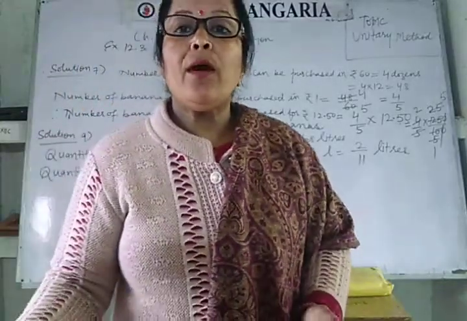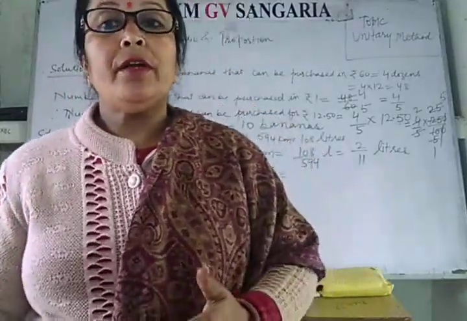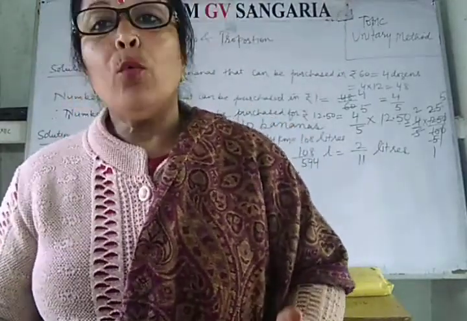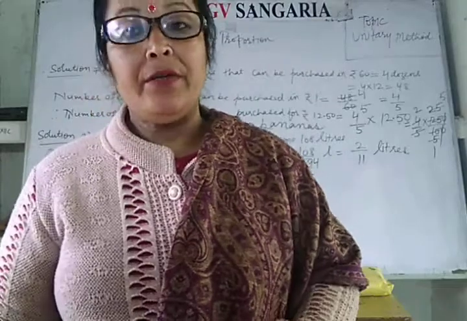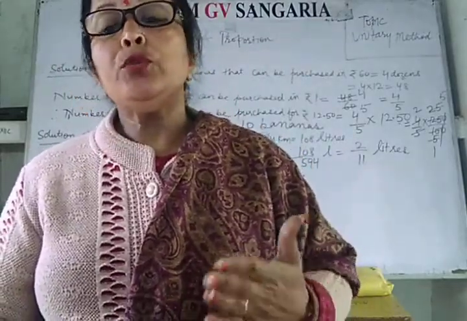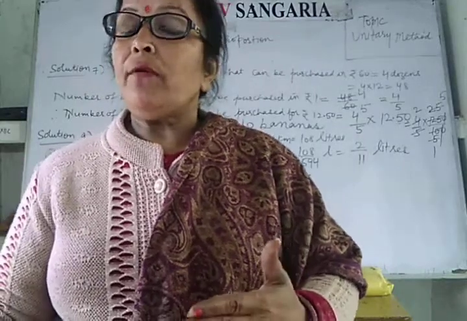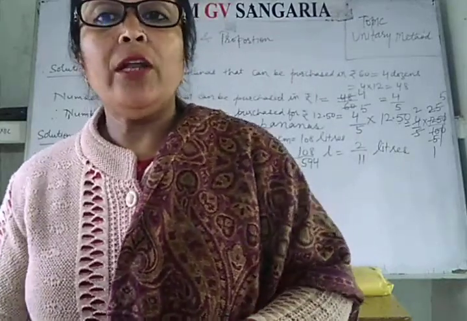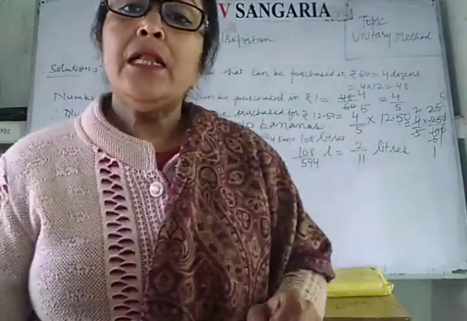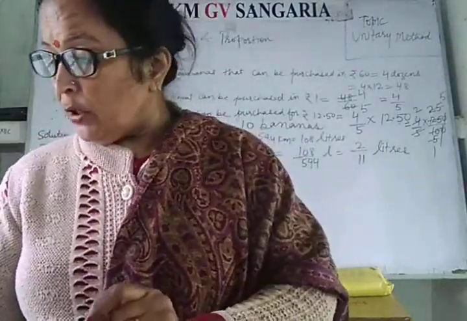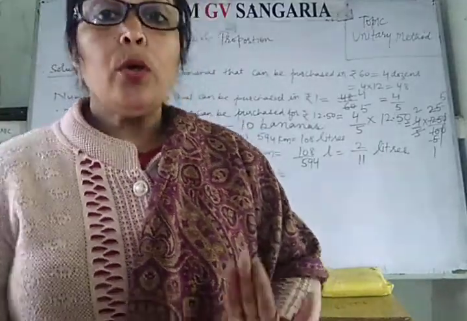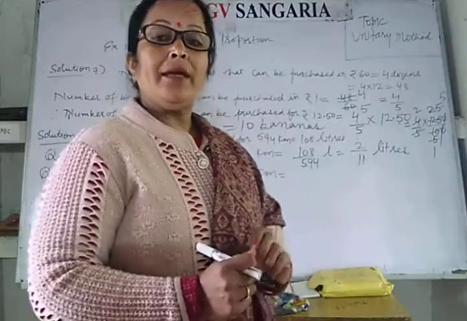Then diesel required to cover 1 kilometer, you will divide 108 by 594. Then if you know the quantity of diesel required to cover 1 kilometer, then you can find the quantity of diesel to cover how many kilometers? 1650 kilometers. So the language part can't be skipped.